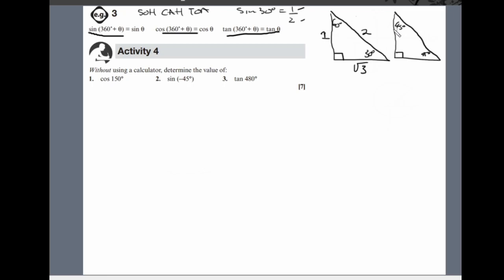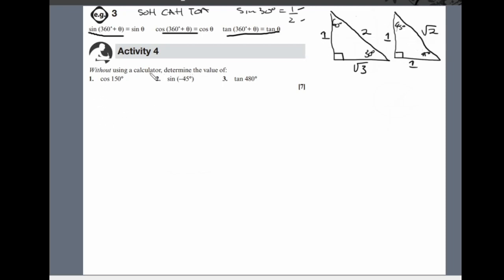Sorry, opposite over adjacent. So you'll say it's 1 over 1, so it's opposite over adjacent, right? And then when you use the theorem of Pythagoras to solve for the hypotenuse, this hypotenuse is the square root of 2. So memorize these two triangles for our special angles.